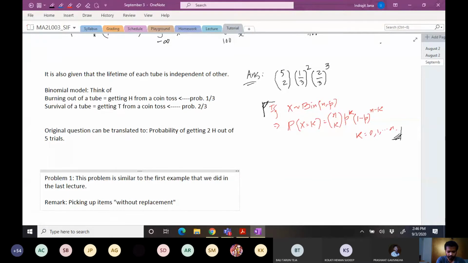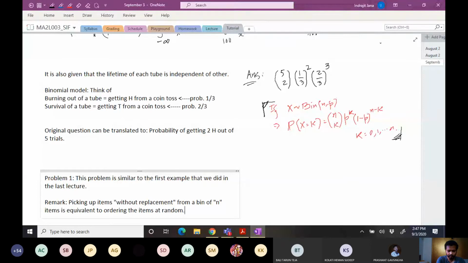Picking up items without replacement from a bin of n items is equivalent to ordering the items at random. Okay, so this is the crucial observation for this problem.